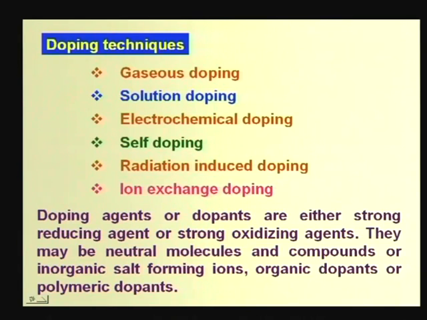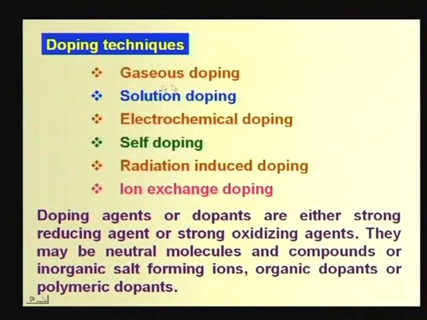Now, let us come to the doping technique. Doping technique means that you want to incorporate some foreign agent, you can say them as impurity. Now, those impurities are chemical compounds.